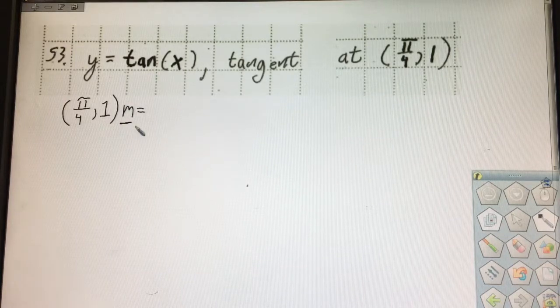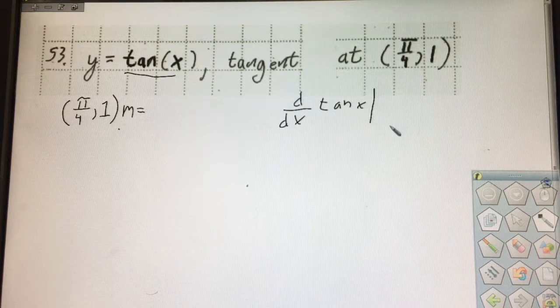Okay? So I got to take the derivative of tangent evaluated at pi over 4. So I'm going to be a little bit more technical: d/dx of tan x evaluated at x equals pi over 4.